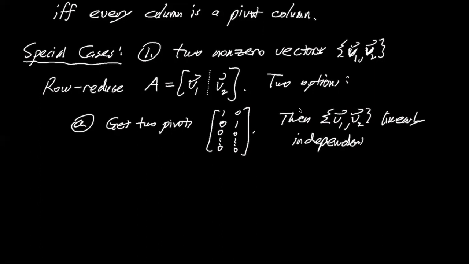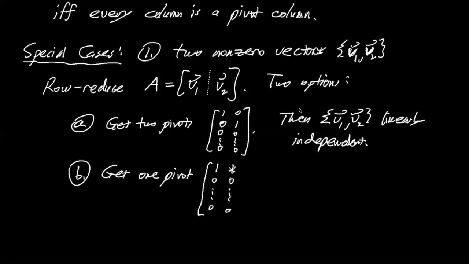Okay. And then the second case is that we get only one pivot. That looks something like this. When we just have one pivot, this is what the reduced matrix looks like. But if you think about it, that means that v2 is actually a multiple of v1. So first, that means linearly dependent, because not every column is a pivot column, based on the characterization at the beginning of the video.